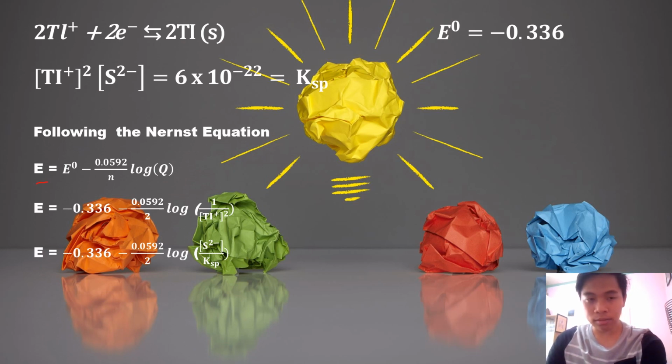E is equal to E standard cell potential minus 0.0592 over n log Q. For us to solve the E standard cell potential of the given process, we input the values that we have: E is equal to negative 0.336 minus 0.0592 over 2 times log 1 over thallium plus raised to 2.